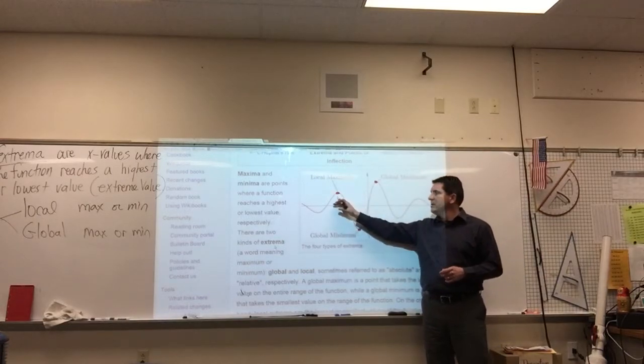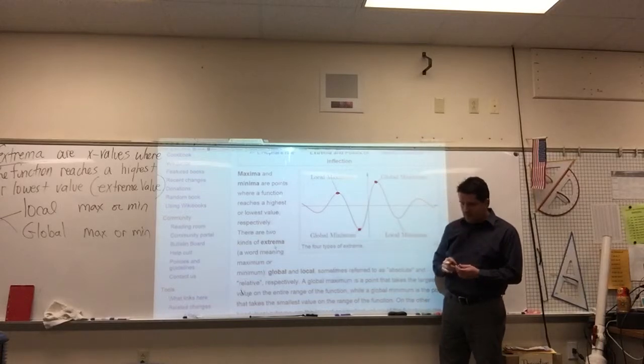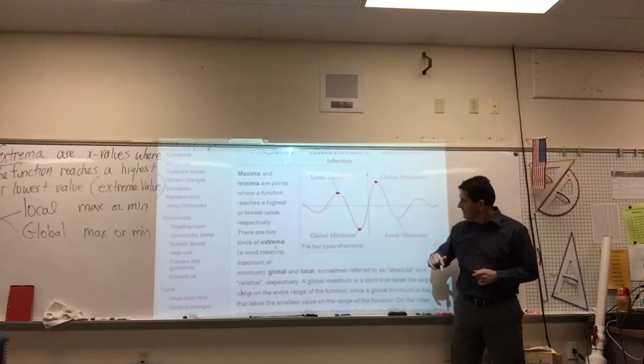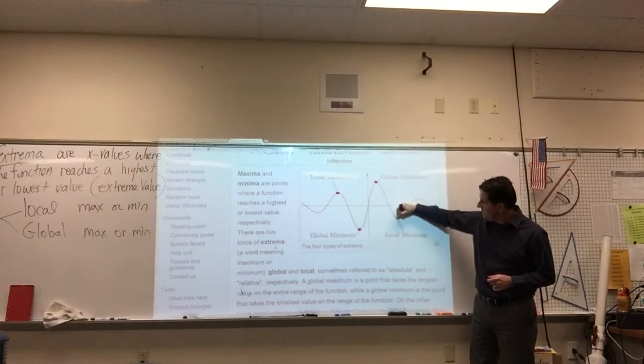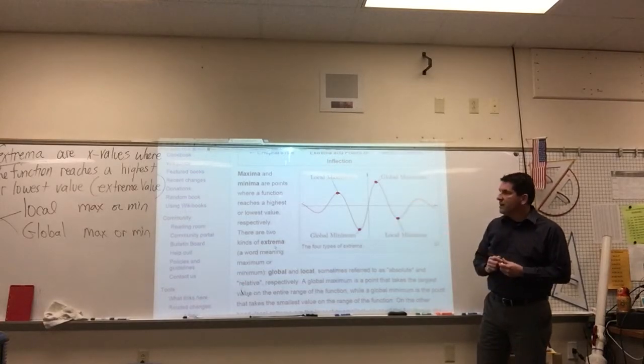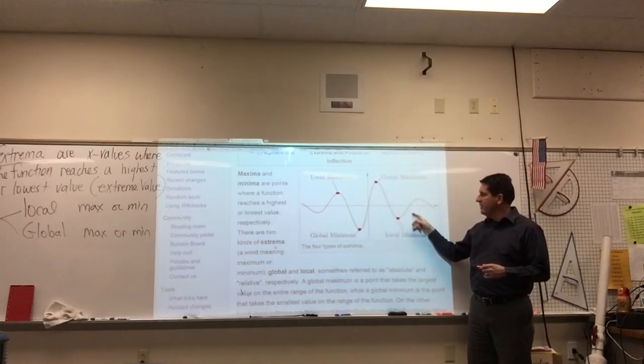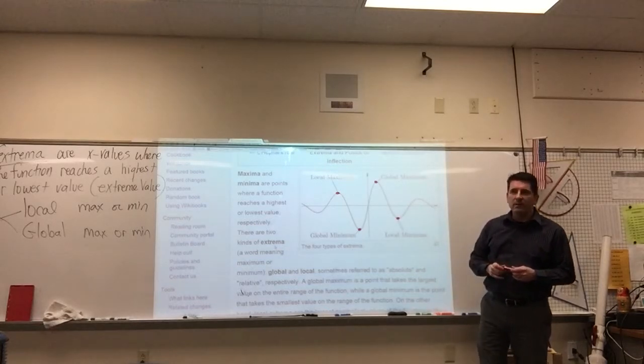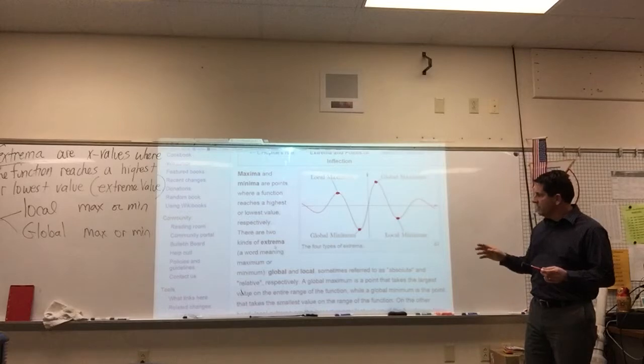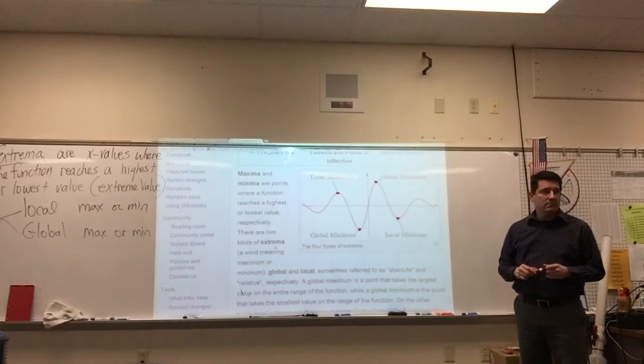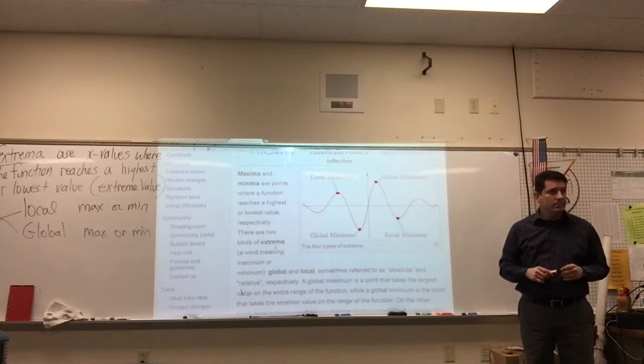So local is you can still have a maximum, but it's not the highest. Likewise, the local min is a minimum point, but it's not the lowest min. Therefore, it's just called the local min. Yes. So you can have multiple locals but one global. Correct.